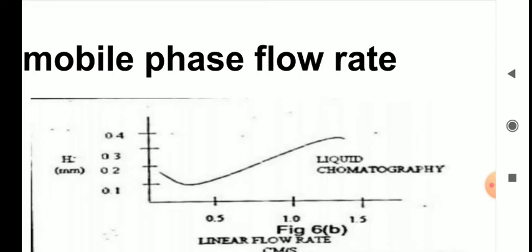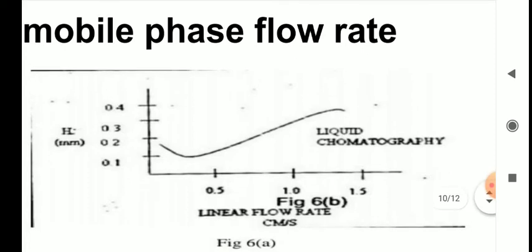Plate height, if you plot against the flow rate for liquid chromatography, you get a hockey stick shaped curve. That is, you have an initial value of H, and then it decreases, and then it rises as the flow rate increases. So you will find that there is an optimum flow rate at which the plate height is minimum.